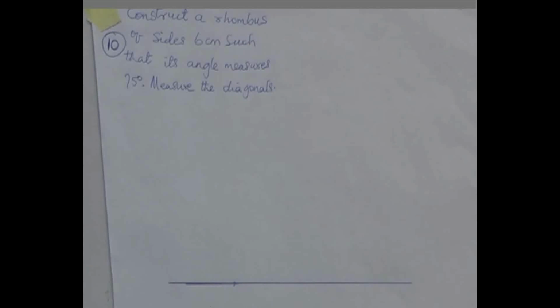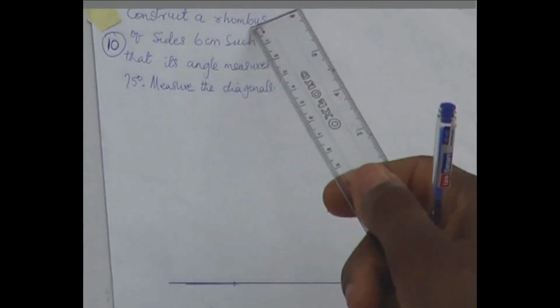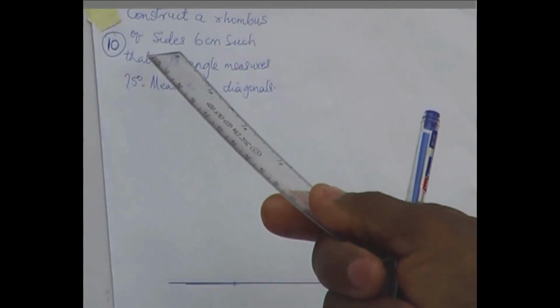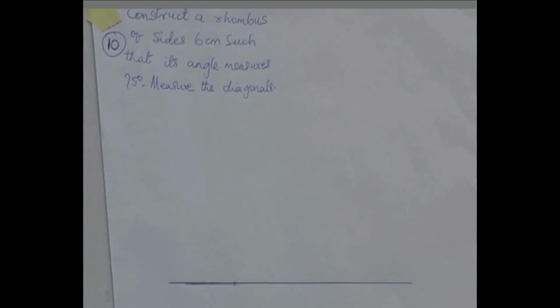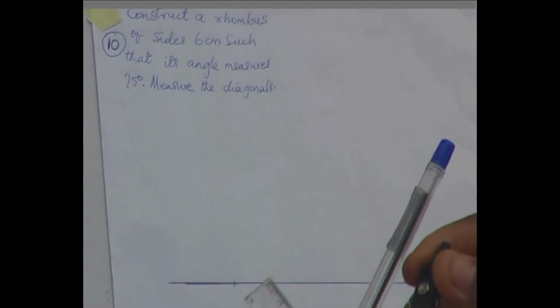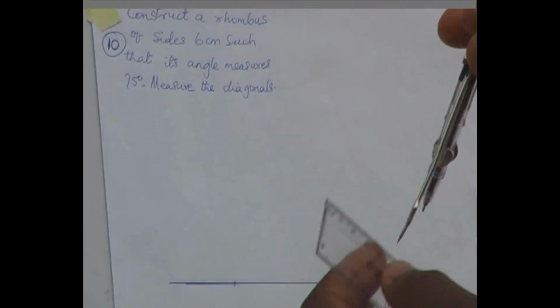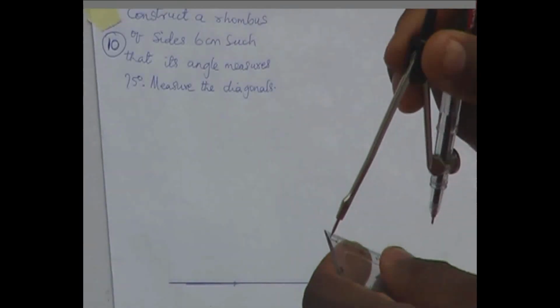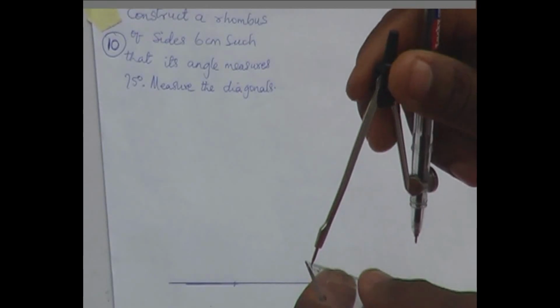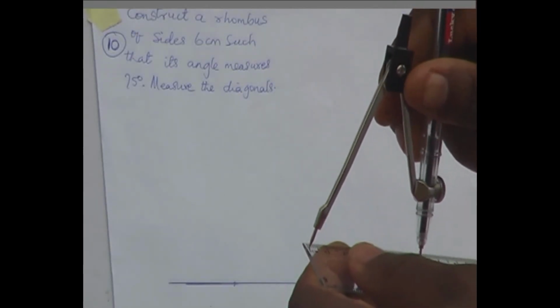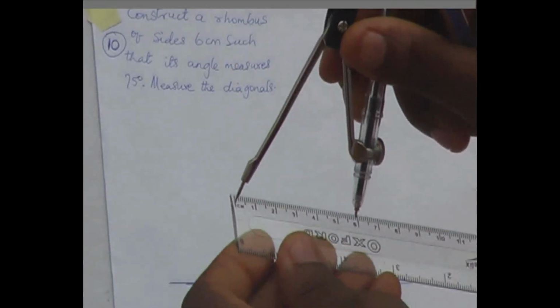The question says that you construct a rhombus of sides 6 cm. So we are going to use our compass to take 6 centimeters and carve it out on the horizontal line we have drawn. Look at it. This is 6 centimeters.